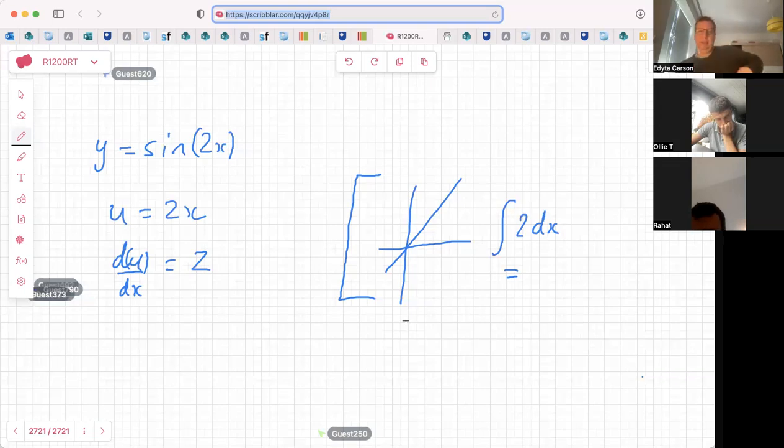Just 2 dx. Just 2x. 2x? Yeah, that's it, 2x. And anything else? Plus c. That's plus C, yeah, exactly. Okay, that was a bit hard fought, but we got there.